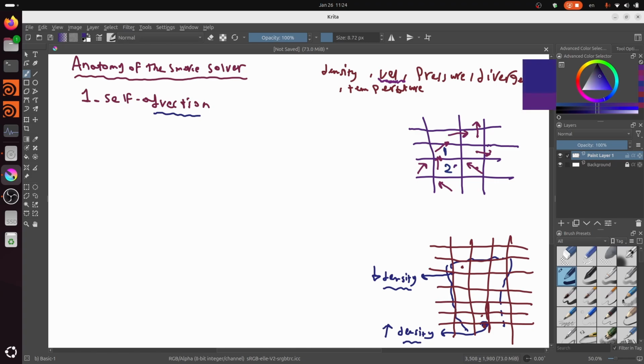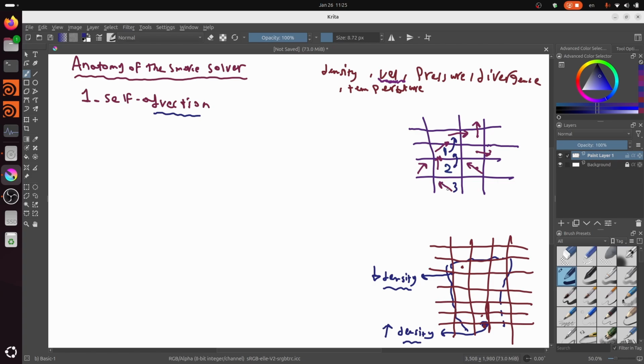So if it is 4 here, in the next frame it will move here, so this voxel will have a value of 4. So if we now simulate or see what will happen in the next frame, and for example here we have 3 and here we have 2, here we have 1, this 1 will move here, this 2 will move here, and this 3 will move here.